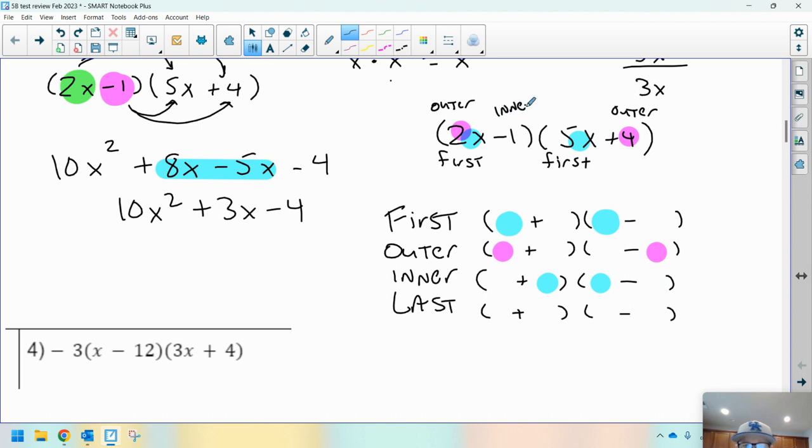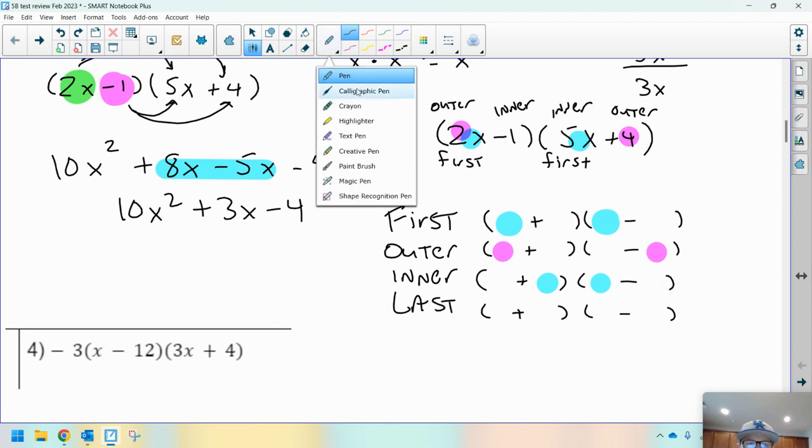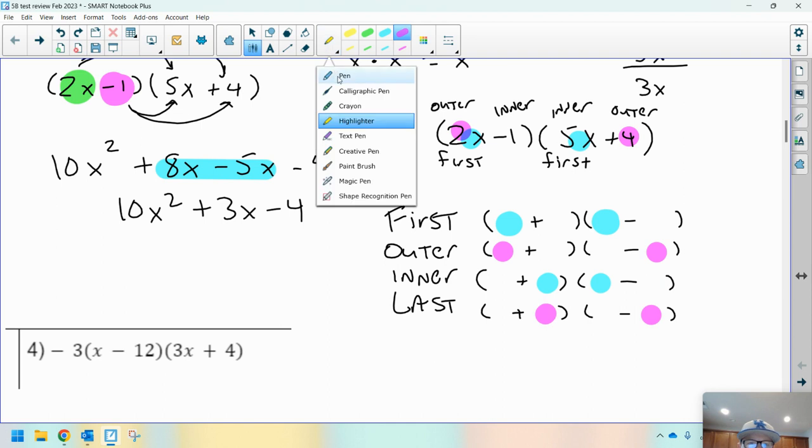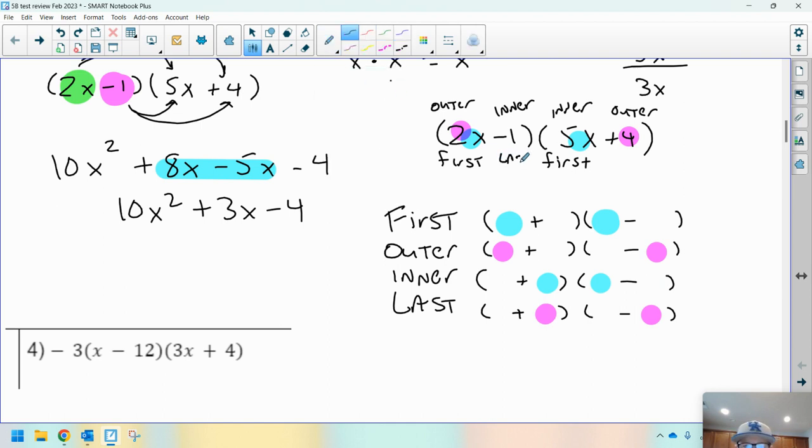So you would multiply those two next. And then the last means the last one in each parentheses. This is the last in this parentheses. This is the last in that parentheses. So this is last times last. So if you follow the first, outer, inner, last, the FOIL, that's the order in which you do it. Again, you would combine like terms at the end.